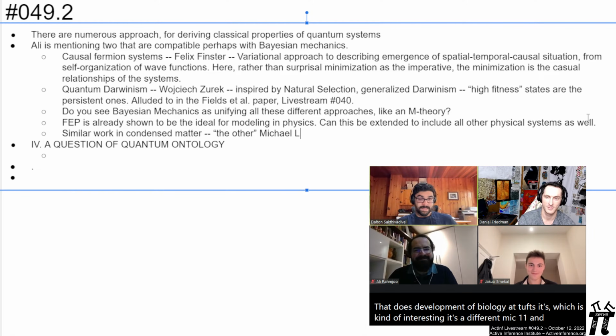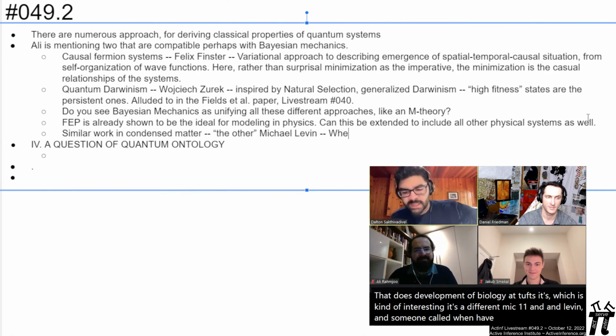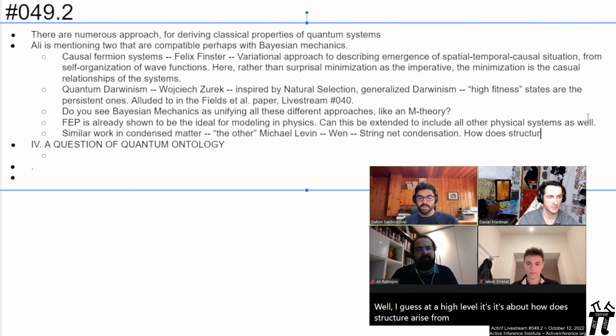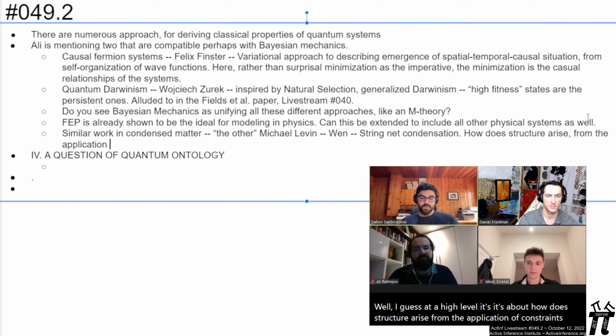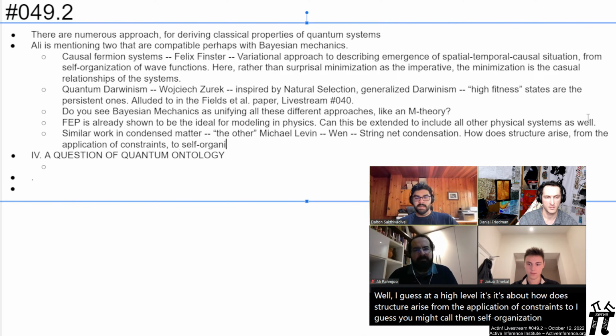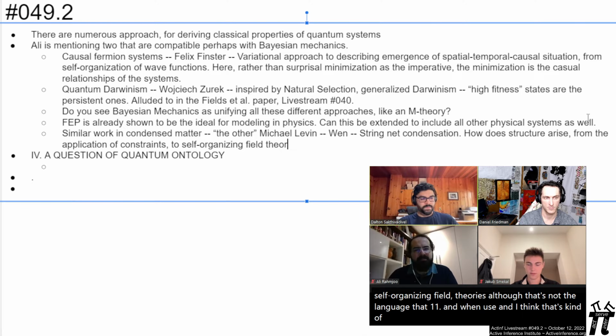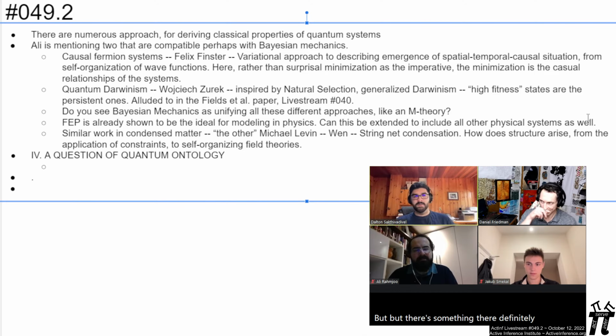And Levin and someone called Wen have developed things like string-net condensation, which at a high level is about how structure arises from the application of constraints to, you might call them, self-organizing field theories. Although that's not the language that Levin and Wen use, and I think that's maybe telling the wrong story. But there's definitely something there to be generalized.